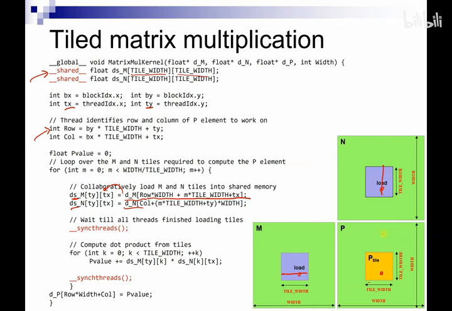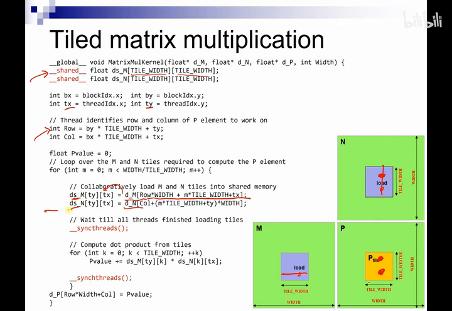For example, who's loading this value? It's going to be this other thread. What if that thread hasn't finished loading this value yet? Then the thread over here cannot do its computation. So this thread needs to make sure that the other thread has finished loading its piece of data. Now how do we do that? Well, we need the threads in this thread block to synchronize with each other.